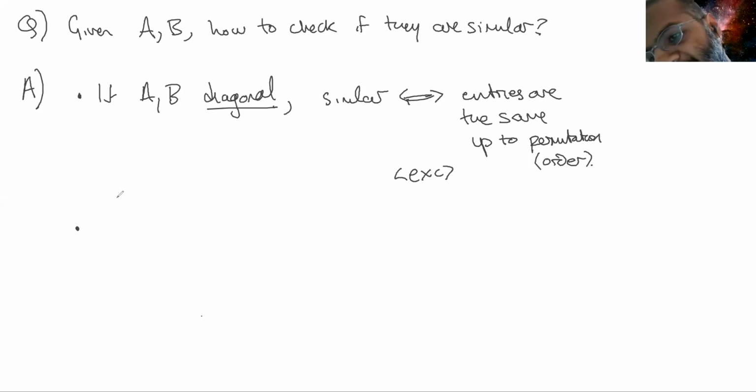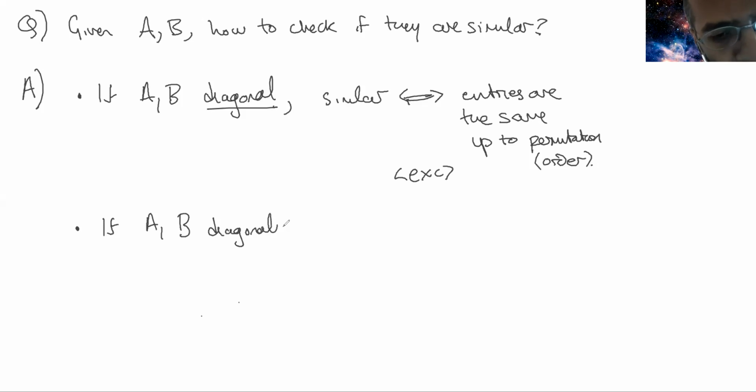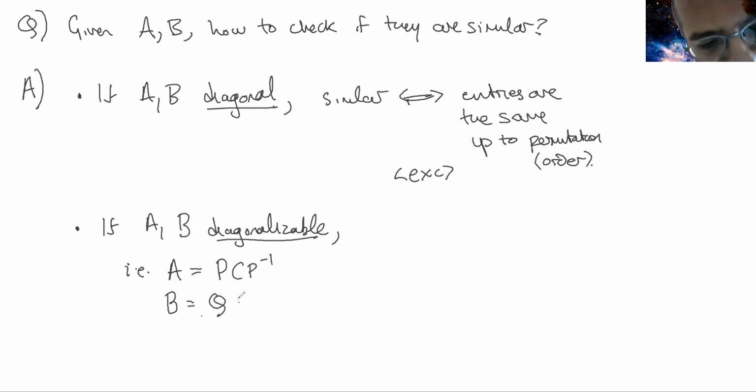This extends to diagonalizable matrices. If A and B are diagonalizable, so remember, diagonalizable means A is similar to some diagonal matrix C, and B is similar by some other similarity to some other diagonal matrix D, where C and D are diagonal.